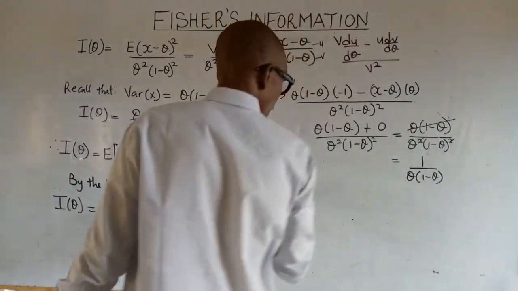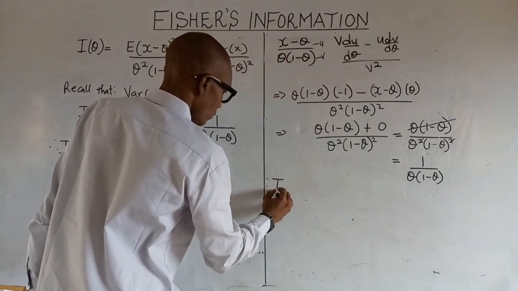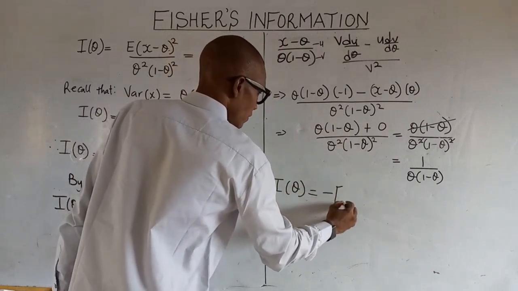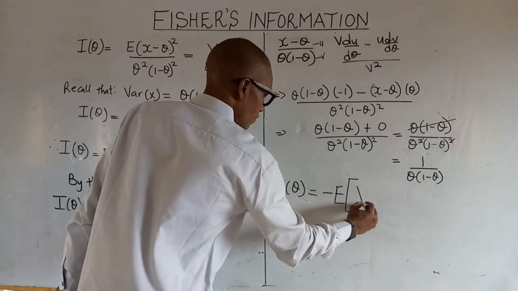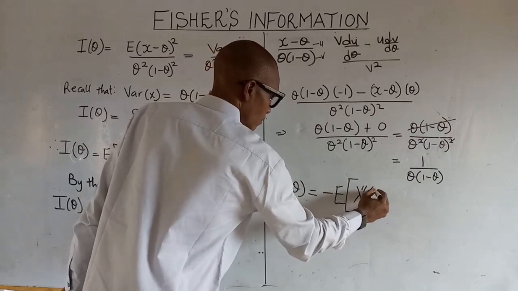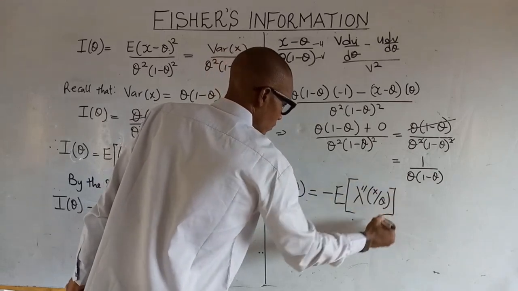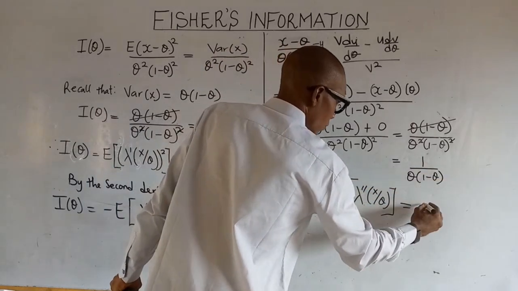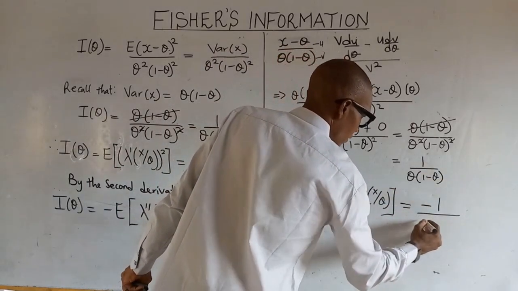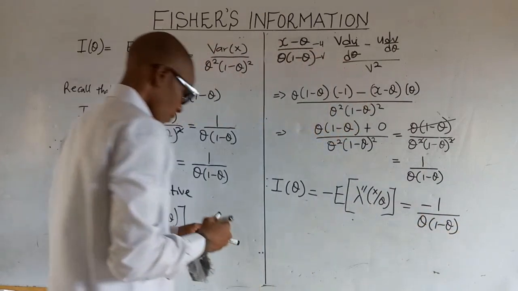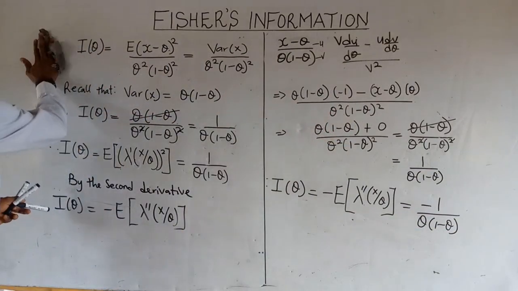So from the Fisher's information, our second derivative is equal to negative 1 over theta times 1 minus theta.